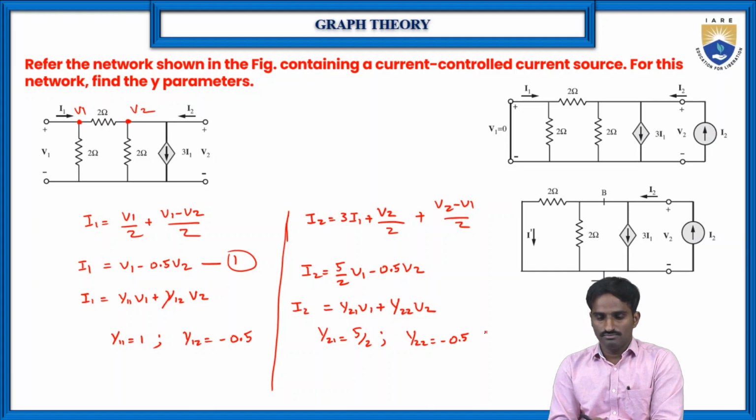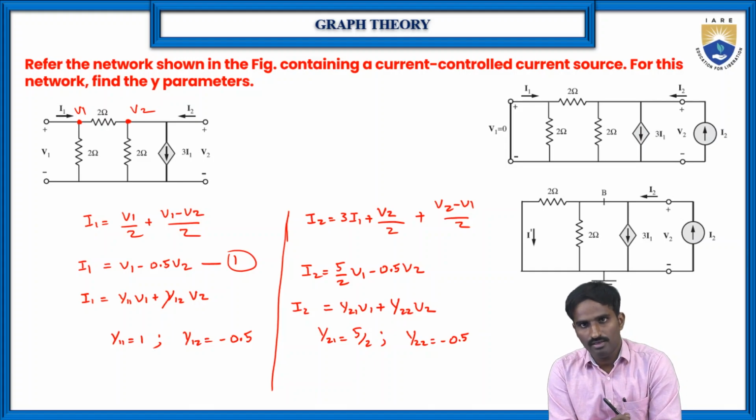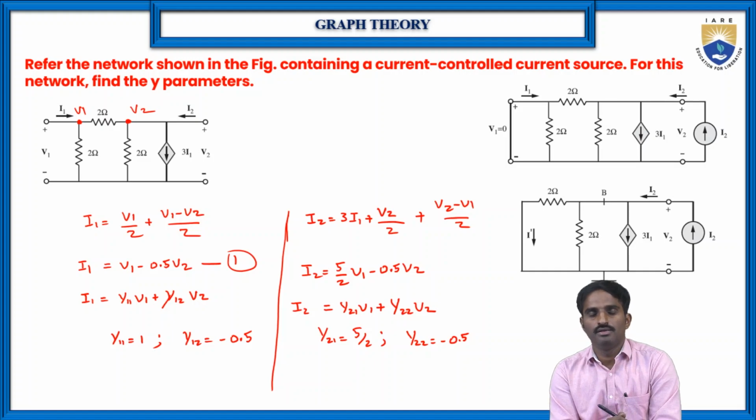See, this is the very simple method that we can follow to find the Y parameters, the shortcut method, and what we have discussed before is the conventional method.